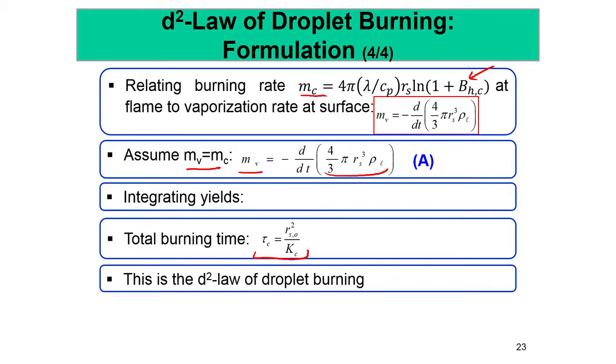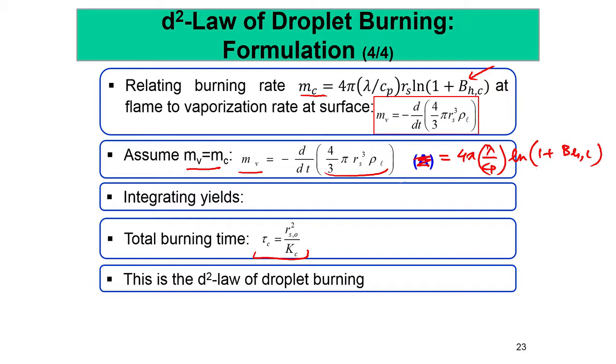What we are essentially doing here is setting mv equal to mc, which means minus d/dt of 4/3 pi r cubed rho L is equal to 4 pi times lambda by Cp times ln of 1 plus BHC.